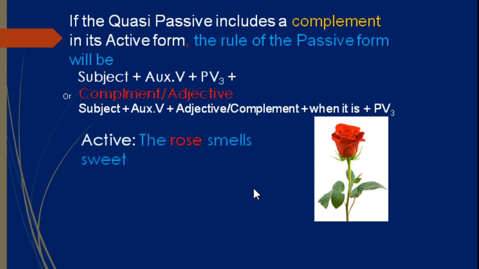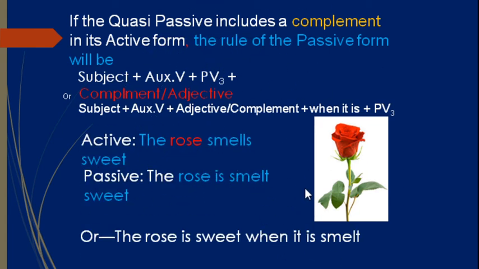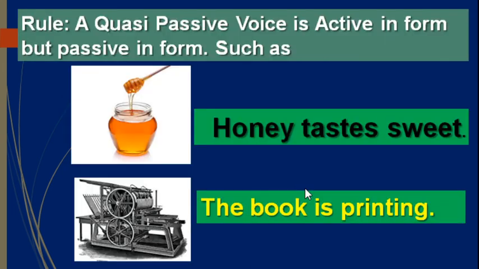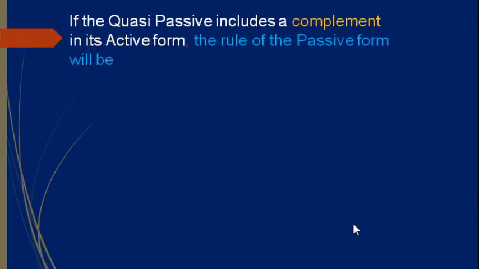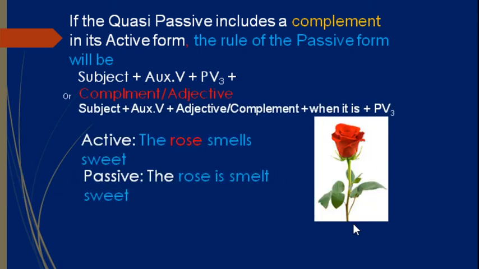Okay. Our previous slide, honey tastes sweet. You have to take honey first, then this is present indefinite, so you take is, then V3 form: honey is tasted sweet. Or you can write honey is sweet when it is tasted. In the case of the book is being printed, an extra being will be added. Same rules here.